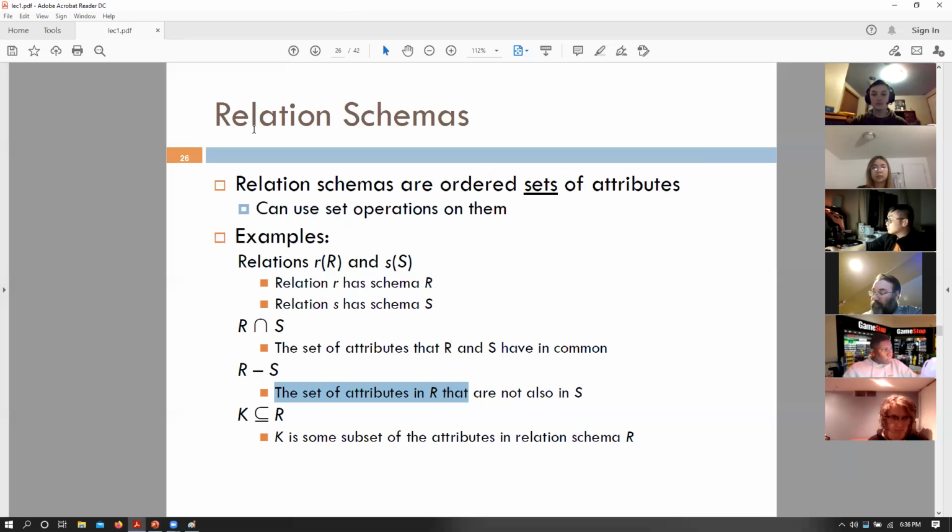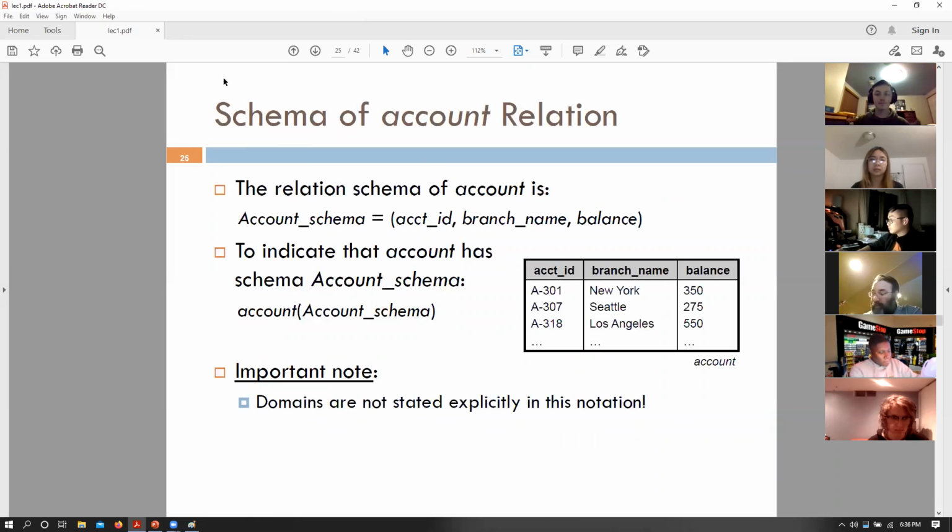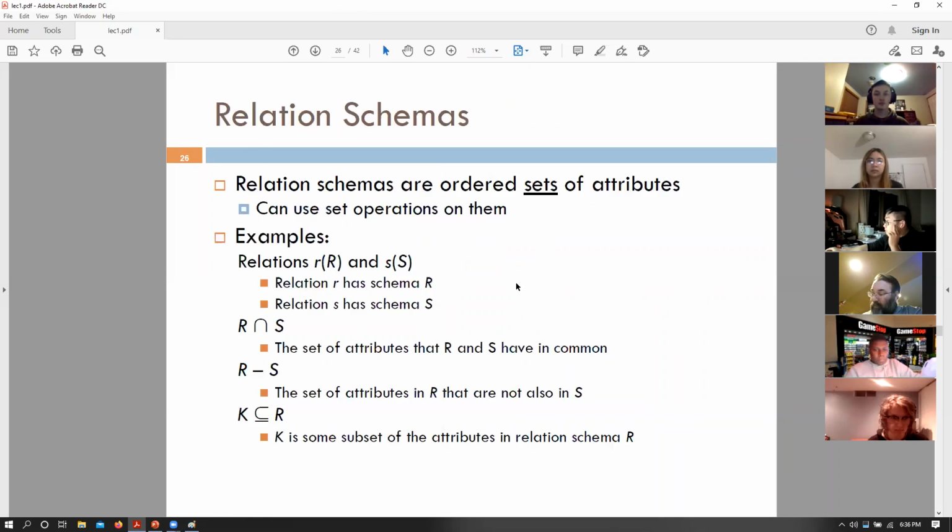Okay. We also have subsets of attributes. So K is a subset of R. That means that K is some subset of attributes in the relation schema R, right? So in the account schema that we were talking about, K could be the set of attributes branch name and balance. That would be a subset of R. One other thing that we should take note of is that all of these are ordered sets, right?